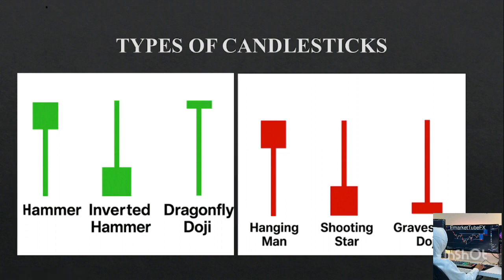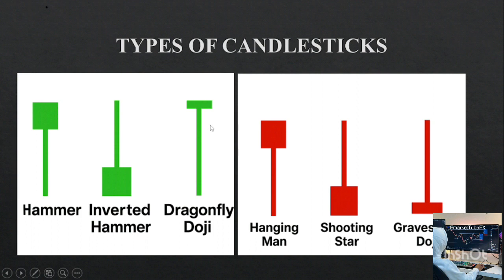The gap is very close. But with the hammer and the shooting star, the gap between where price opened and where price closed seems to be a bit wider than that of the doji. So that is the only difference you need to take note of.